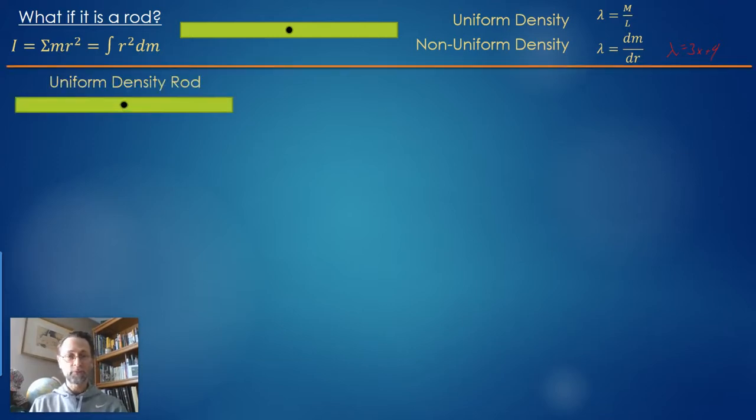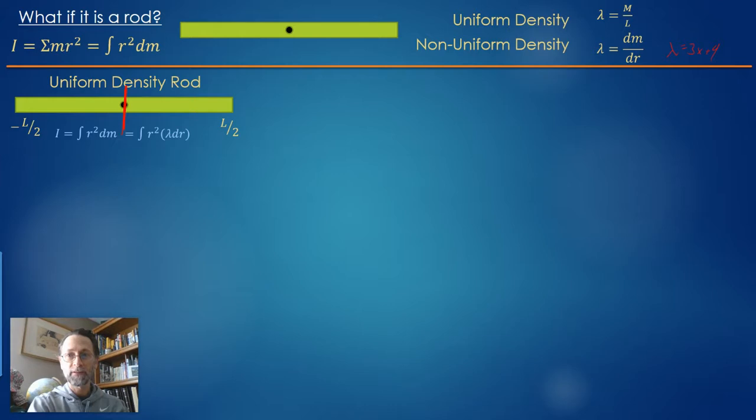Here's a uniform density rod. And since we're going to have it rotate around its center of mass, if I go to the left, it's going to be negative L over 2. If I go to the right, it would be positive L over 2. And that's going to be my lengths that I'm going to use because we're going to have to integrate this. So if my moment of inertia is the integral of the radius squared with respect to the mass, then this radius and mass change according to each other, kind of the same way we did earlier where we had line density and the center of mass.